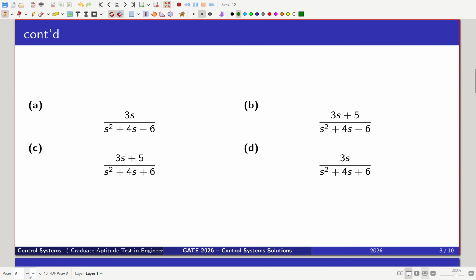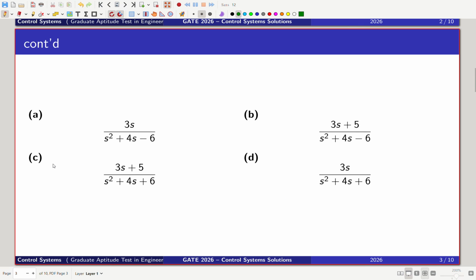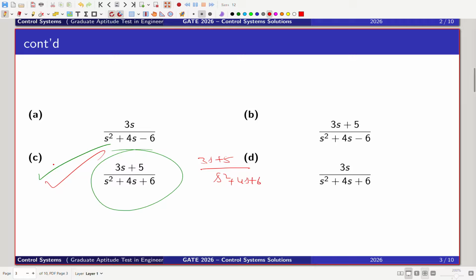Going back to the options, option C is correct. It has one zero and two poles.